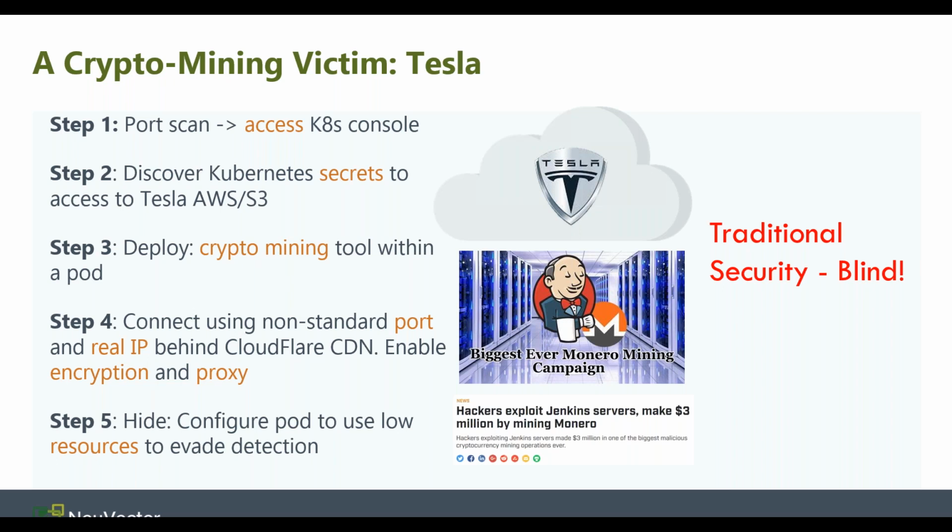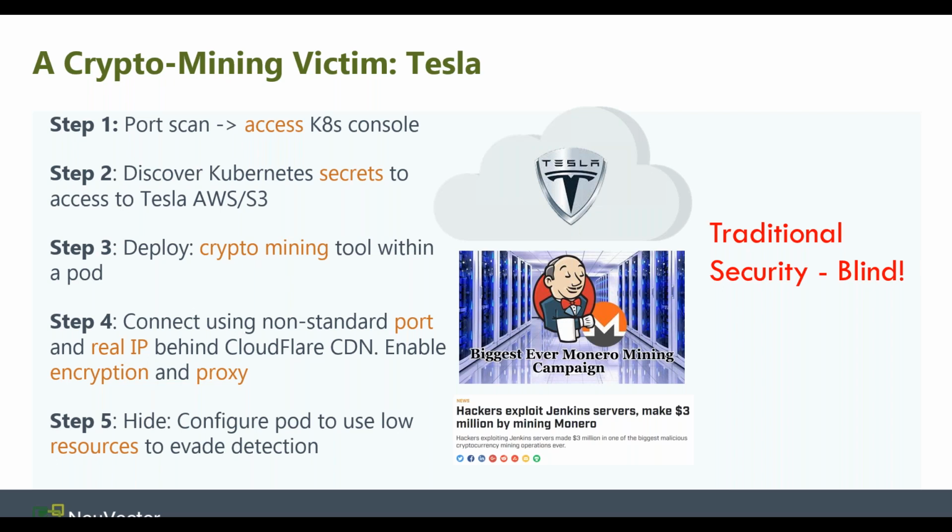Also, because it's containers, they configured resource usage limits, for example 5% of the CPU, maybe 10% of the memory. This way, those small crypto mining containers are deeply hidden in the environment. Think about you have hundreds of thousands of containers under management of this Kubernetes.